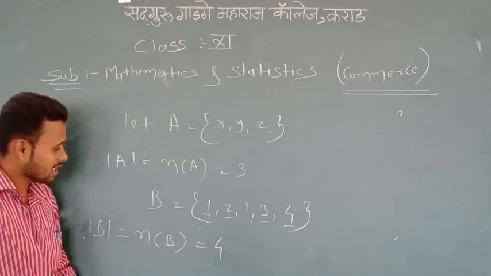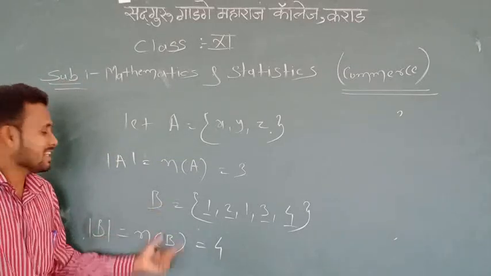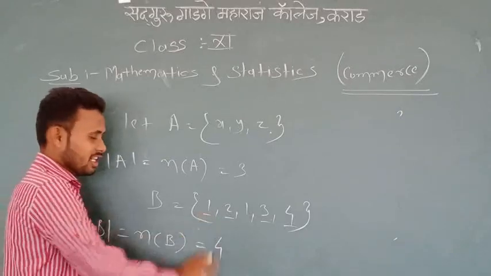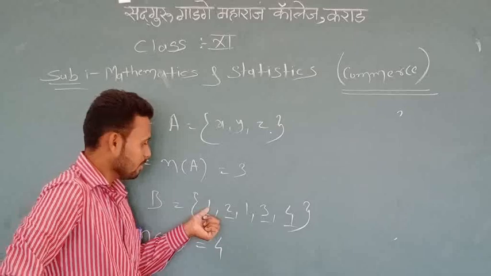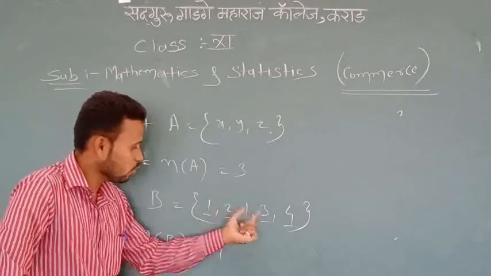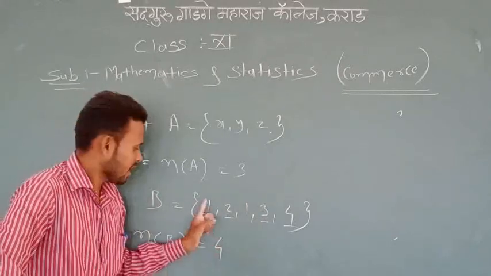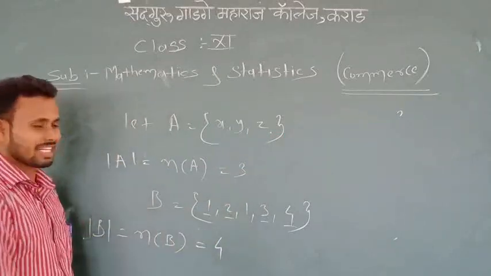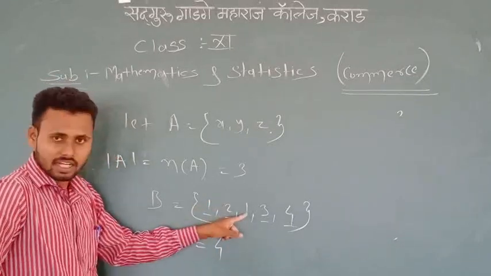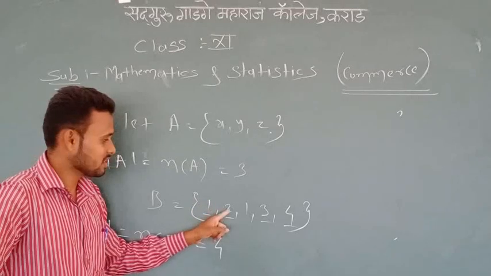Because there is one condition: when we find the number of elements of a set, or when we find the cardinality of that set, we count the number of elements in it. If any number is repeated more than once, then count it as once, count it as only one. That means if an element in a set is repeated more than once, then while counting the number of elements, we only count that number as one. Therefore here 1 is repeated twice, but we consider it as only 1 element. Therefore these 1, then next 2, 3 and 4.